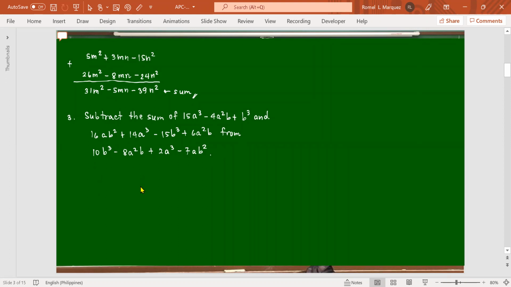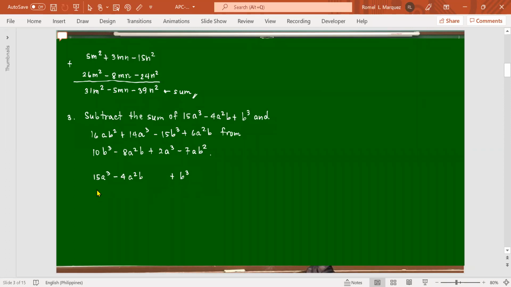What is the first thing to do? Let's get the sum of this polynomial and this polynomial. Okay, guys? So we have 15a cubed minus 4a squared b. Let's put a space because I think there is a power missing here, and that means 0ab squared, plus b cubed.